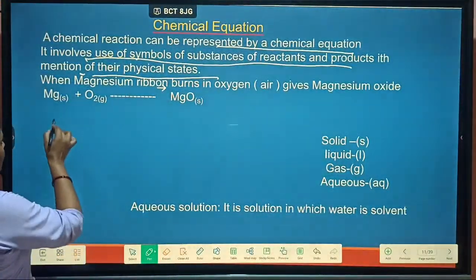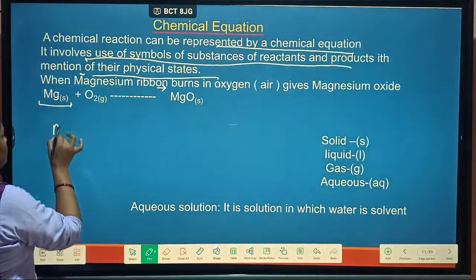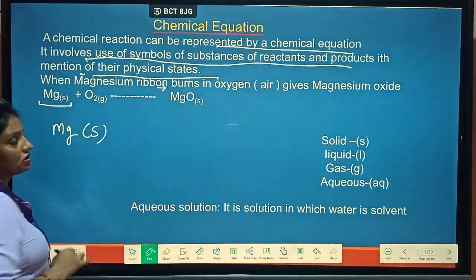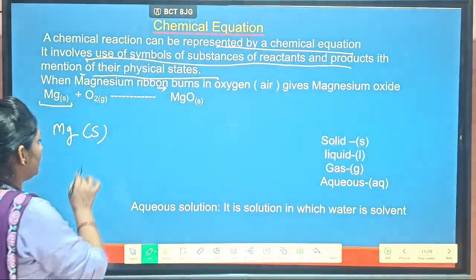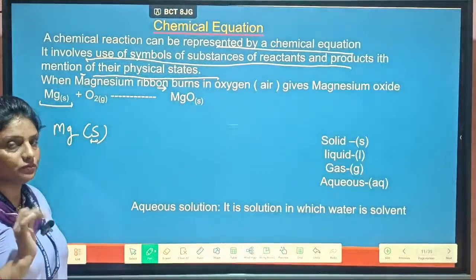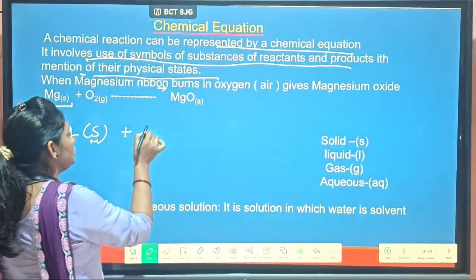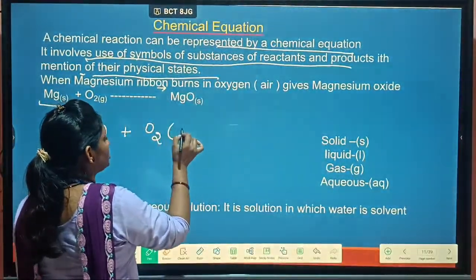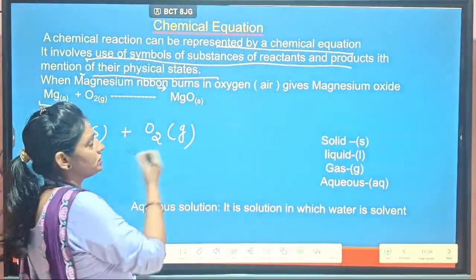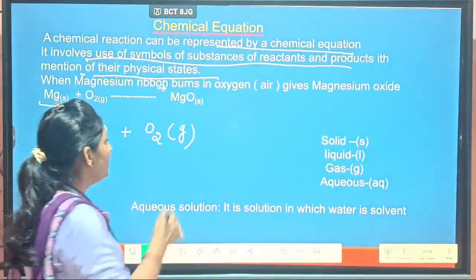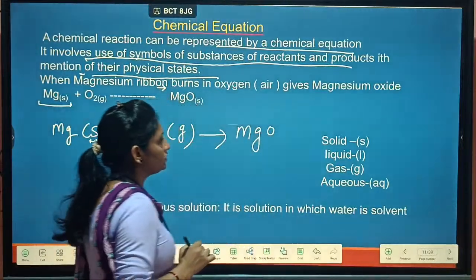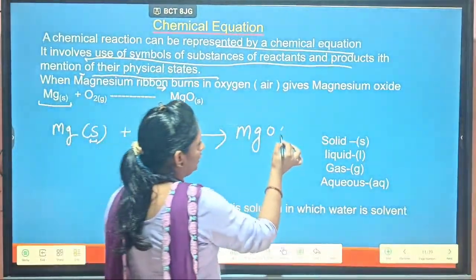For example, here magnesium, in which state does it exist? In solid state. This s is showing the physical state of magnesium. Plus oxygen. What is the physical state of oxygen? Gaseous state. So this g is showing the physical state of oxygen. And after the reaction we get magnesium oxide, which is solid.